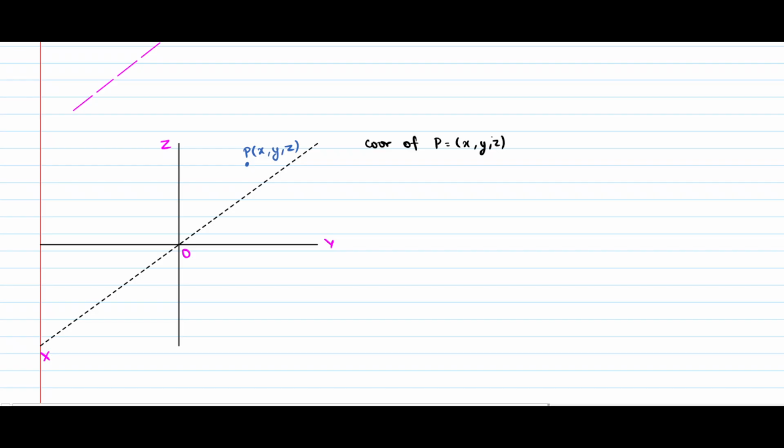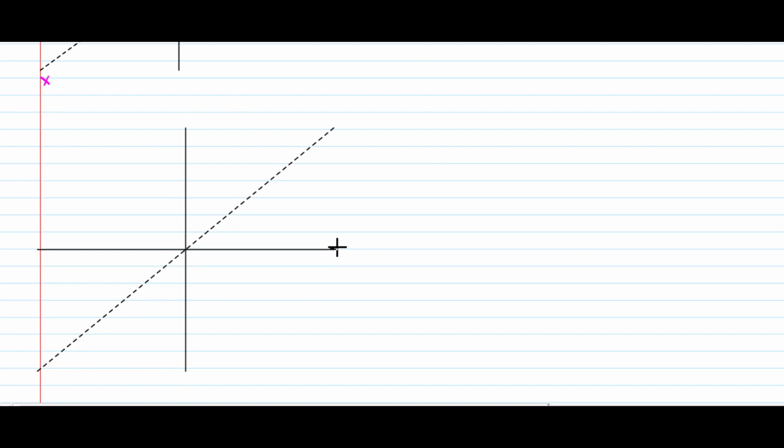But if we were talking about vectors, let me draw another one. A vector would be represented by an arrowhead. Let's say the vector goes from the origin to the point P(x, y, z), that's the coordinate.